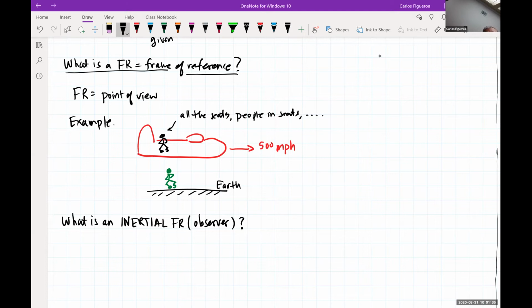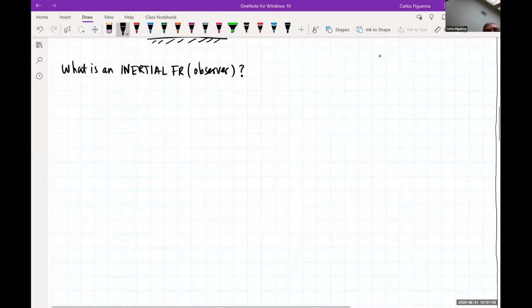So if I say, what is an inertial frame of reference, or what is an inertial observer, they're really one and the same, because to make a measurement, you're an observer. To make a measurement, you need a frame of reference. And so the way we talk about it here is in the language of Newton's laws.